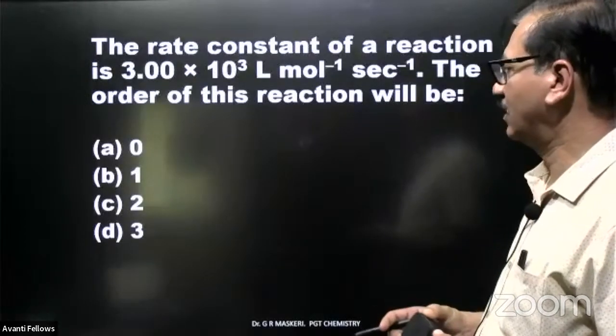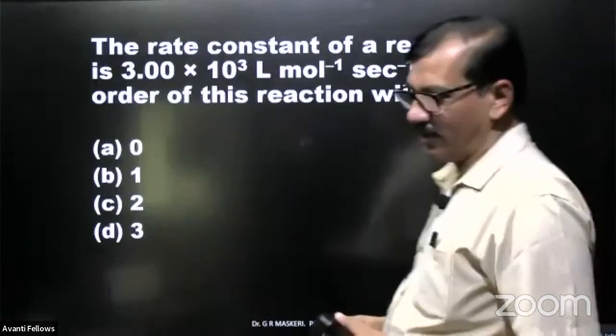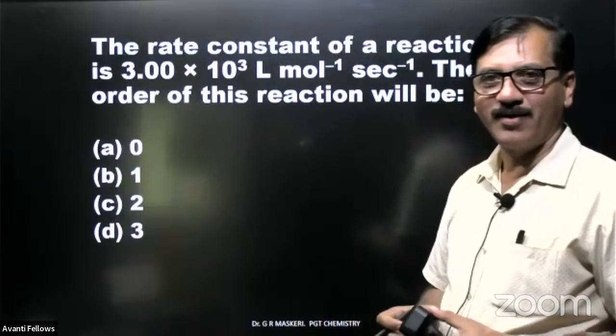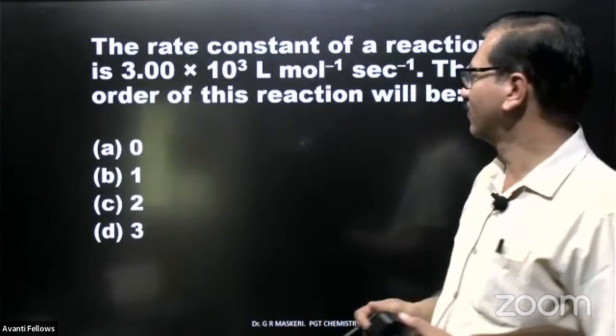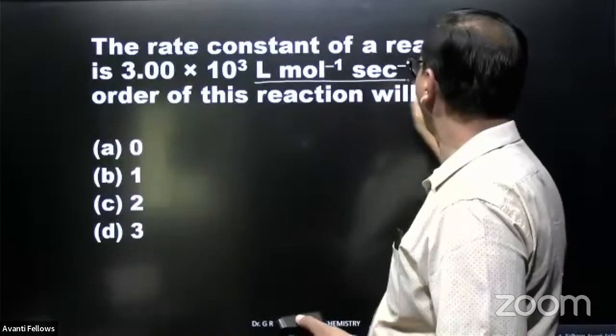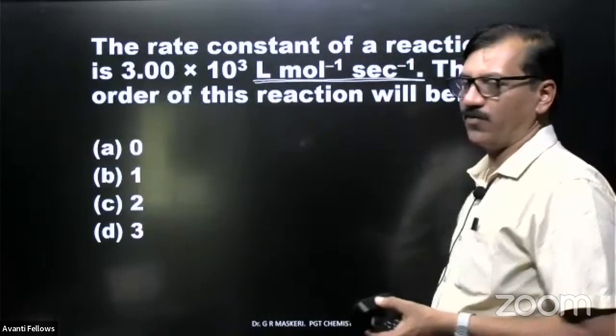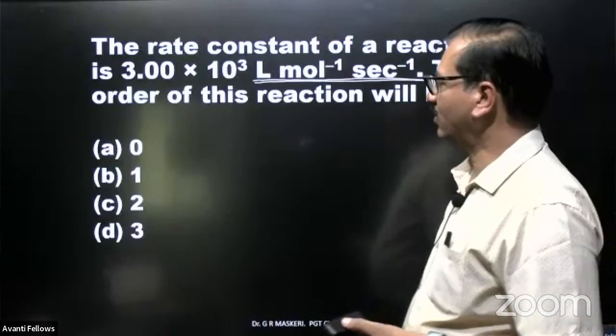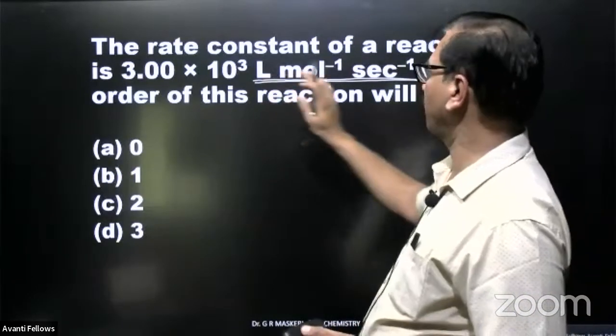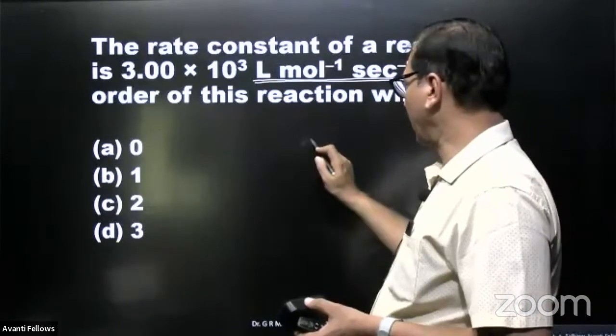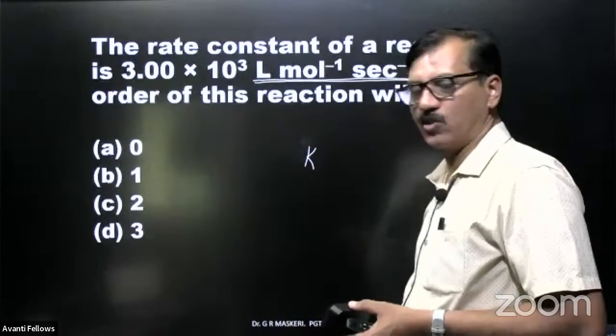Anybody else? How has he calculated? Is he having a computer or a calculator with him? It's of no use at all. This here is the indication. What is the unit of rate constant for a second order reaction? It is liter per mole per second. Rate constant units are different.